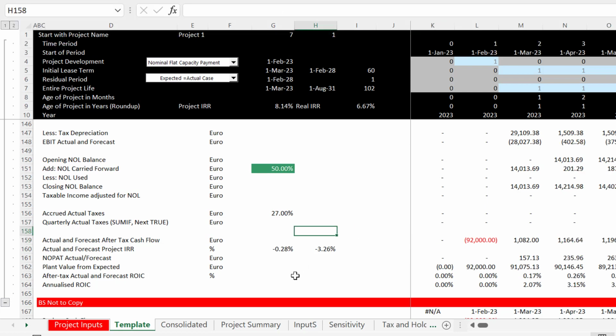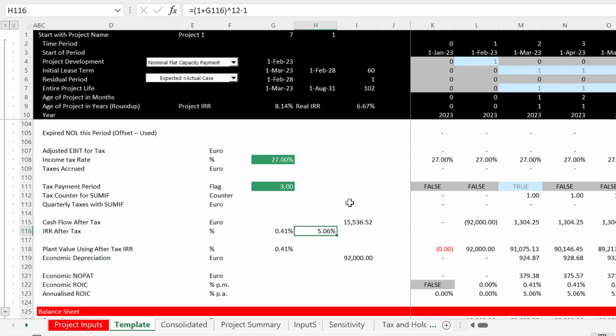Okay, and I'm getting negative IRRs here, and I'm going to pause one more time, the last pause. When we changed the life, I had to change the starting value. It was no big deal, I promise you.